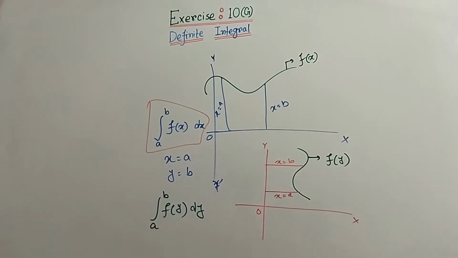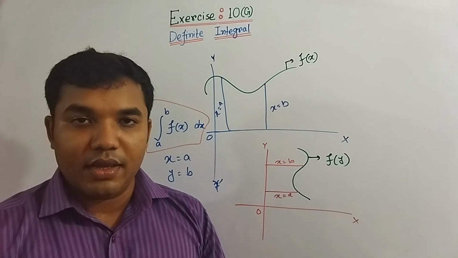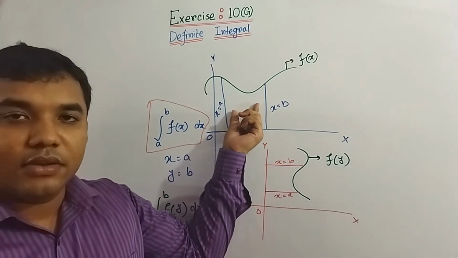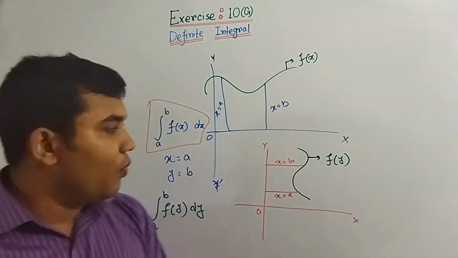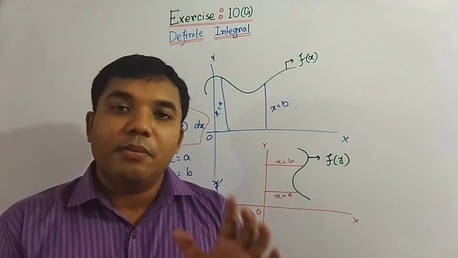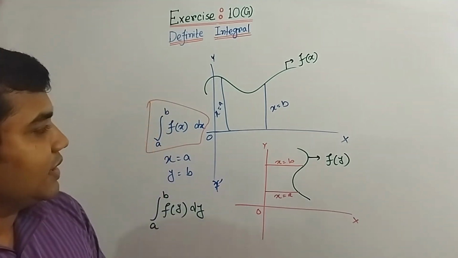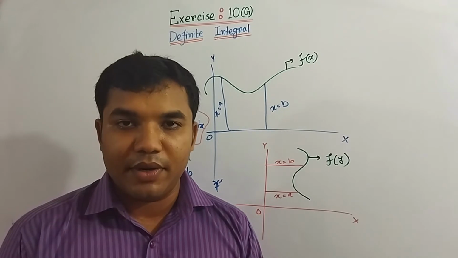Dear students, from this part we are trying to find out this area, but in which way can we find it? It can be found in two ways. One is definitely by integration, and the other is just the manual way, that is, using the geometric method.